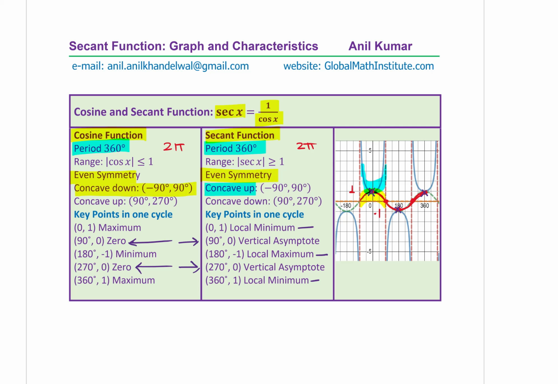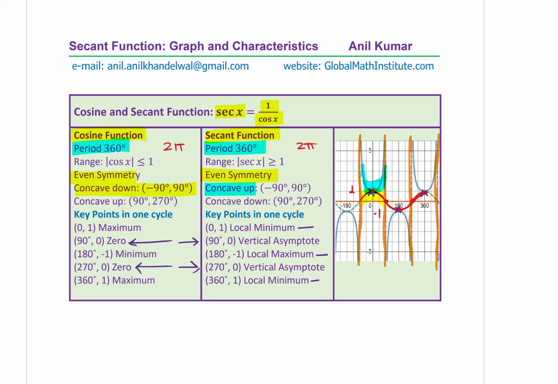So these vertical asymptotes are shown here. So these vertical asymptotes on the secant functions correspond to the zeros of the cosine function. That is what the reciprocal is, correct?